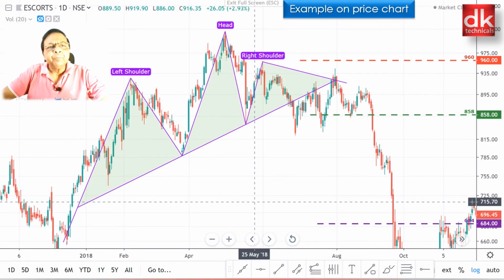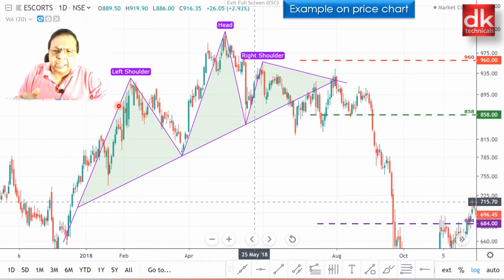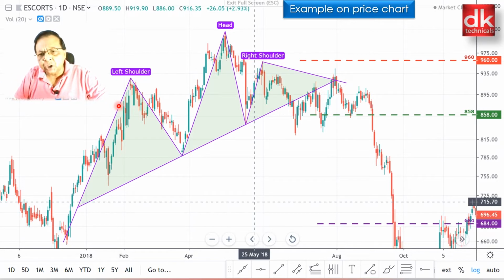All these aspects will be discussed when we take an example on the price chart. So friends, this is the price chart of Escorts India, and this particular analysis was done on this channel under the trade idea and trading idea section, where we keep uploading videos when various kinds of charting patterns or trading opportunities appear on the chart.